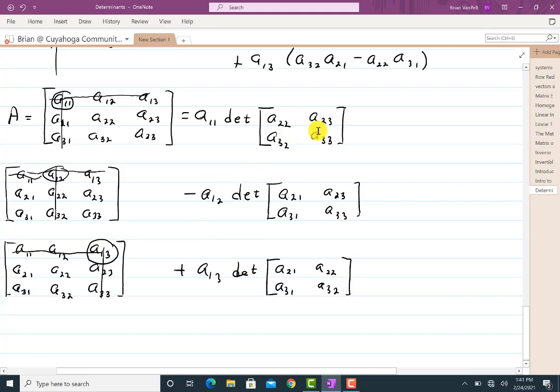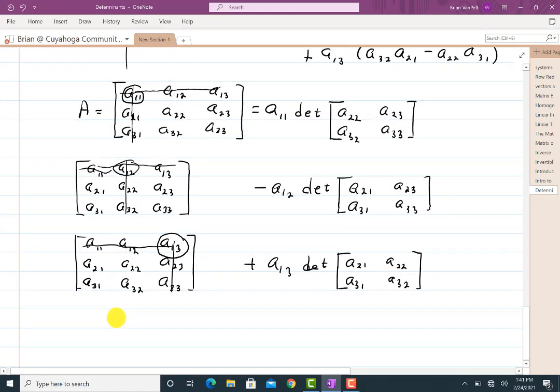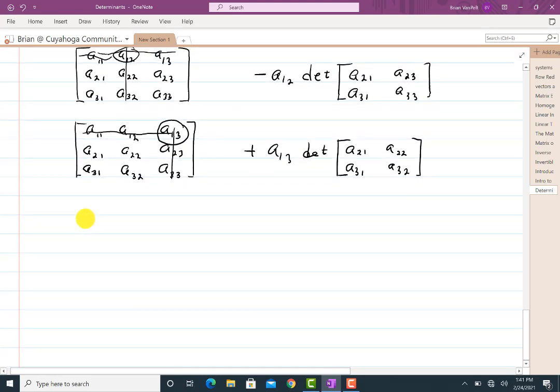Now each of these matrices you can take the determinant. Let me do an example. If I try to take the following determinant, I'll do 1, 2, 4, 3, 1, 1, 2, 4, 2.